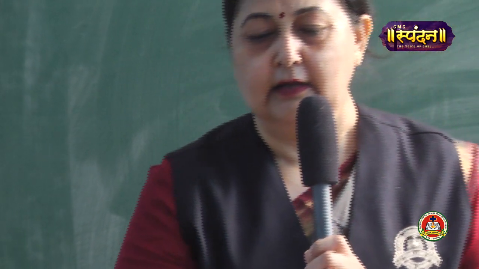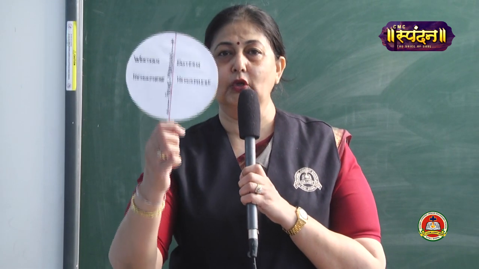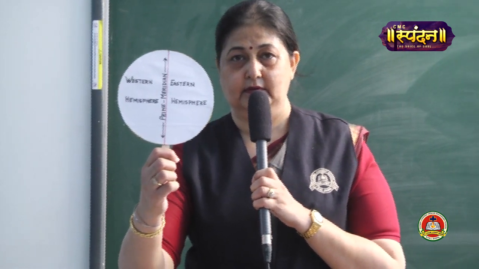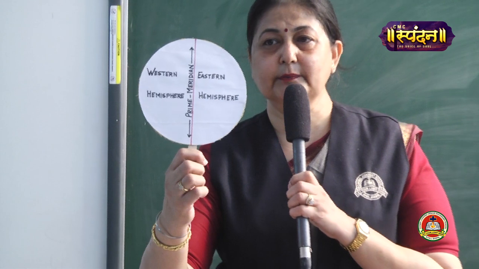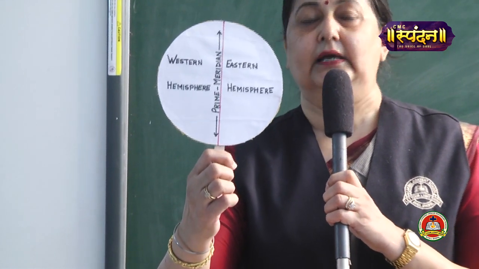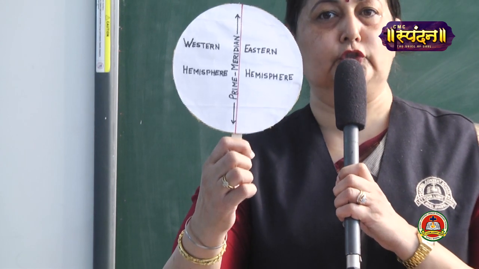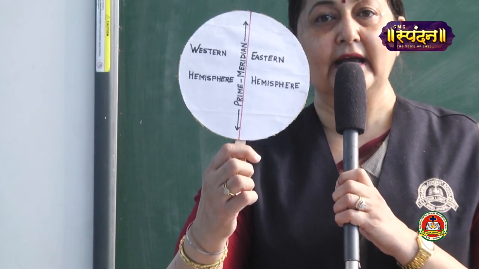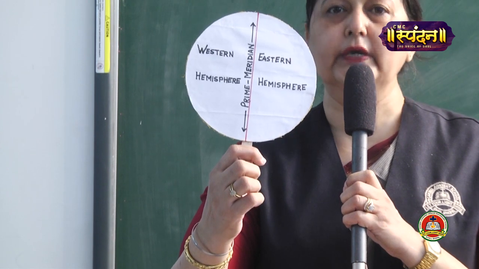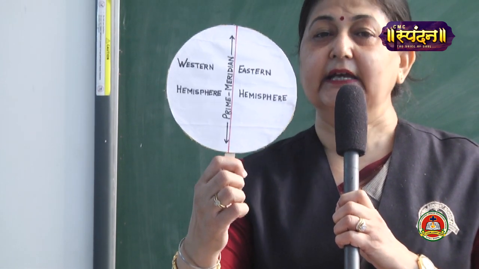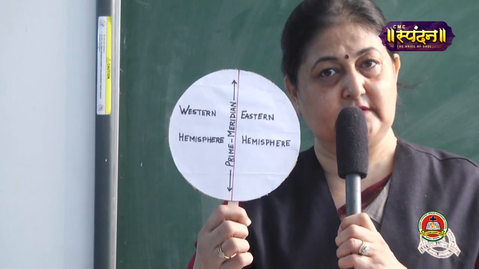And again, the earth is again divided into two more hemispheres by an imaginary line called the prime meridian. Alright, children, here can you see the prime meridian marked in red? It is a vertical line running at the center of the earth, dividing the earth again into two equal halves, the eastern and the western hemisphere.